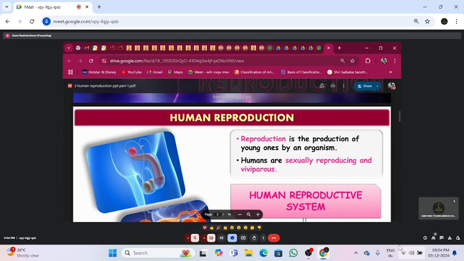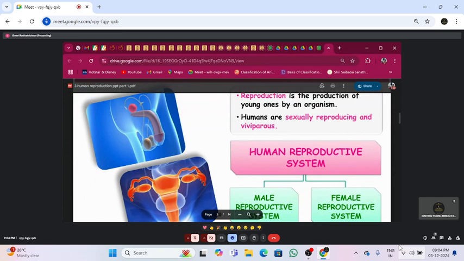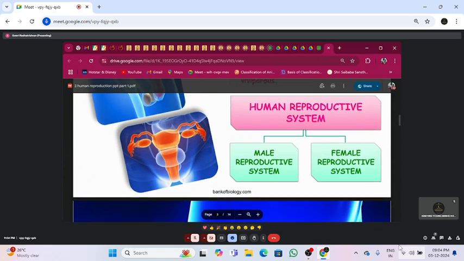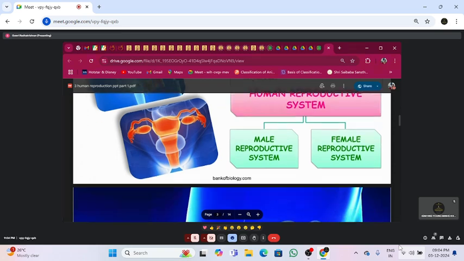Viviparous is carrying the young ones till they are mature. Fertilization happens inside, and then they carry the young ones till they are born. The human reproductive system consists of two systems, male and female, and today we are going to see only the male reproductive system.